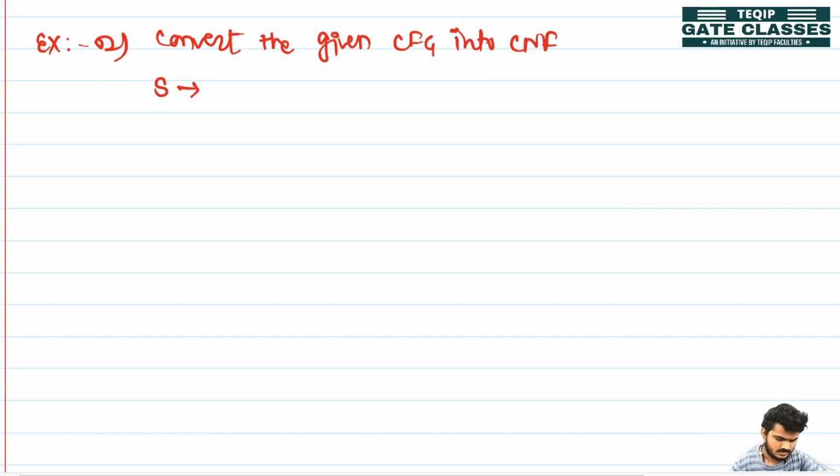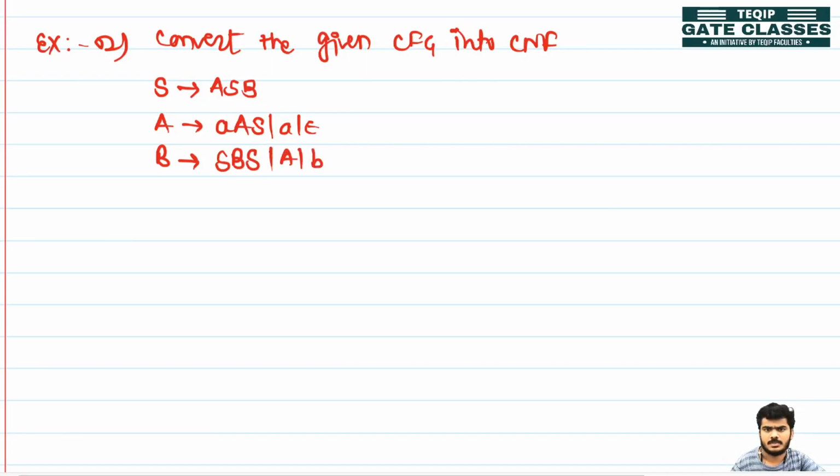S is producing capital ASB. Capital A is producing small a, capital A, capital S, small a, epsilon. Similarly, B is producing capital S, B, capital S, capital A, and BB.